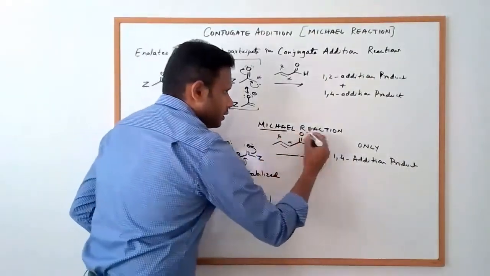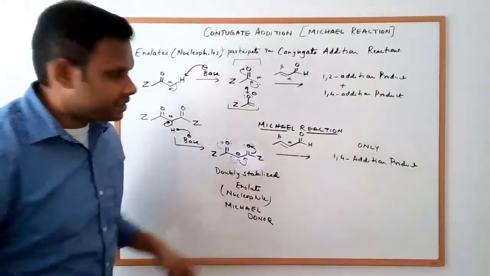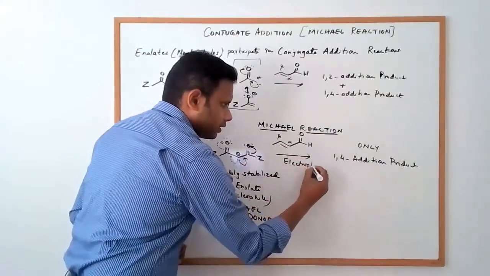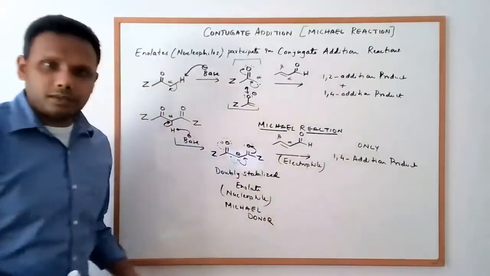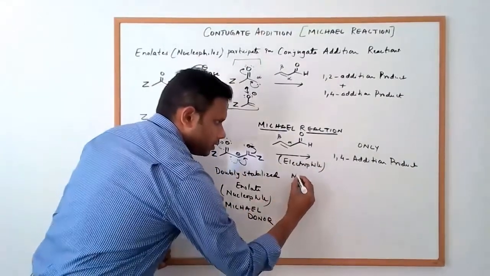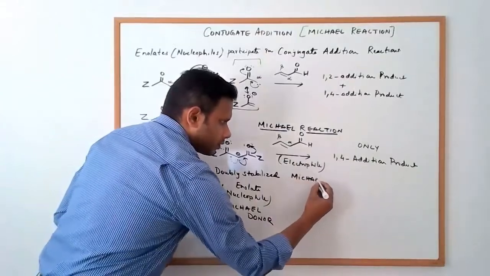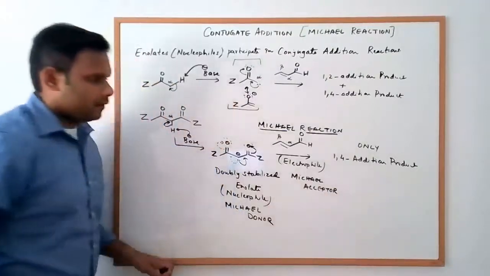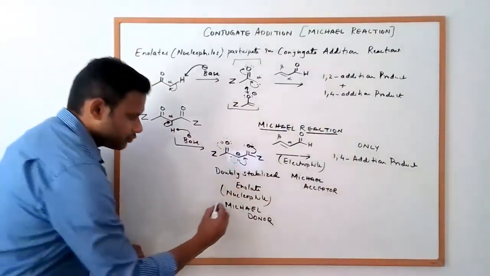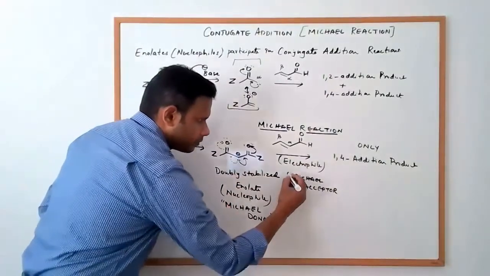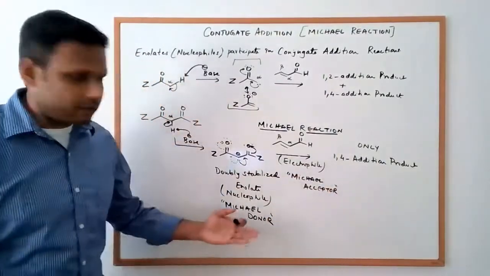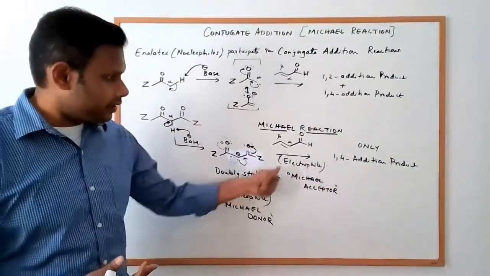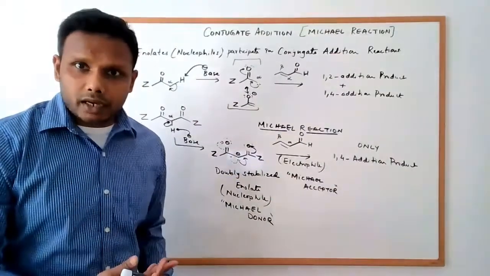And the alpha beta unsaturated compound, which is basically the electrophile in this reaction, is called the Michael acceptor. Okay, that's called the Michael acceptor. So we have a Michael donor and we have a Michael acceptor. Essentially, another way of referring to the nucleophile and the electrophile in these reactions.